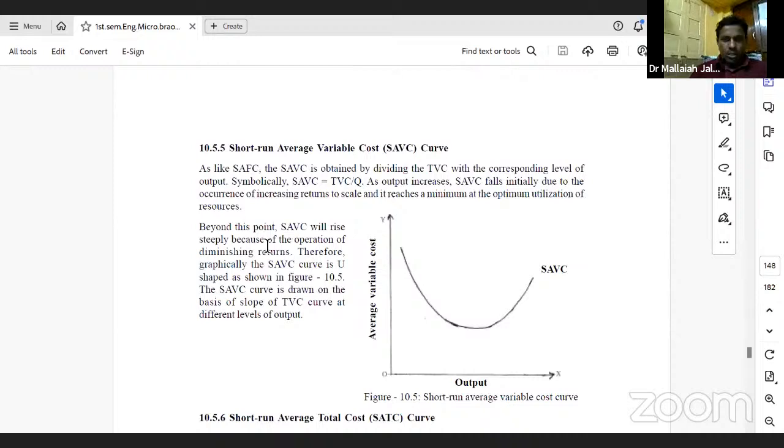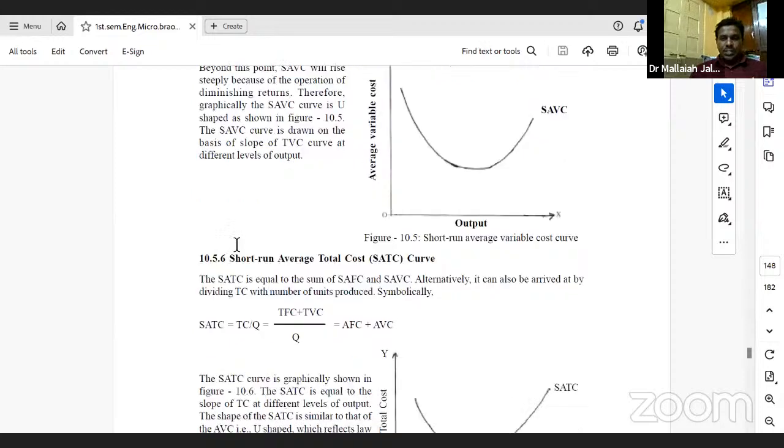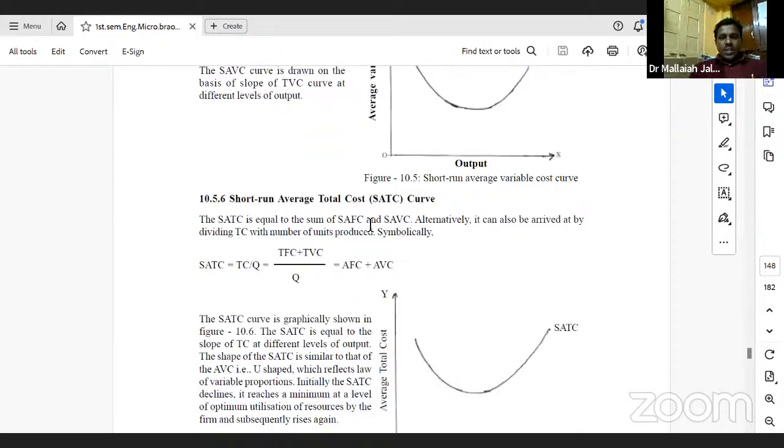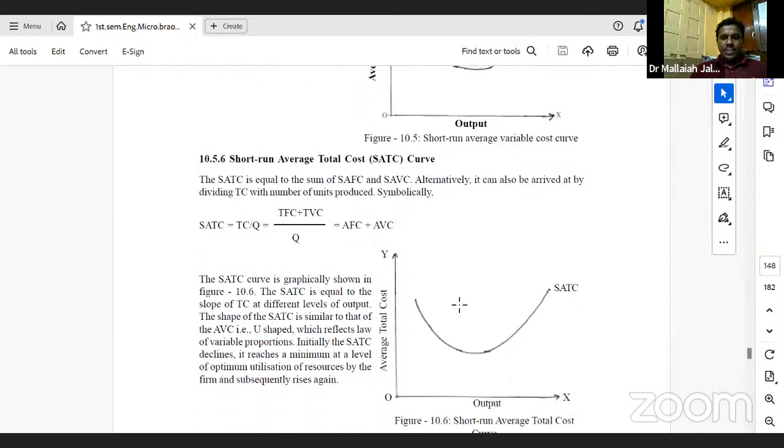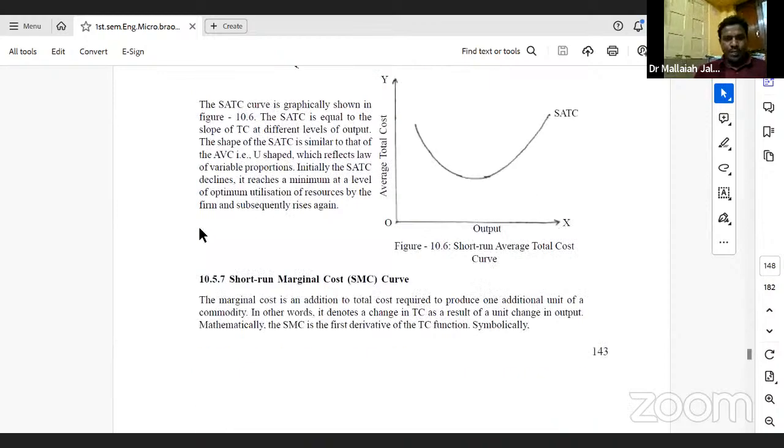And this average variable cost, short run average variable cost, here also in the initial stage cost decreases when output increases, and later it rises. The short run average total cost curve also is a U-shaped curve, because when output increases it declines, later it increases. That you have to remember.